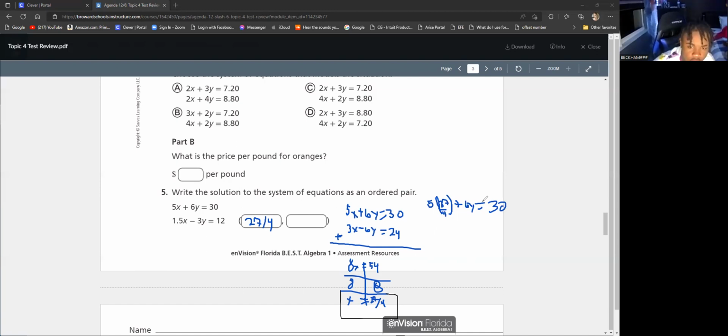So 135 over 4 plus 6y equals 30. Okay, now what?